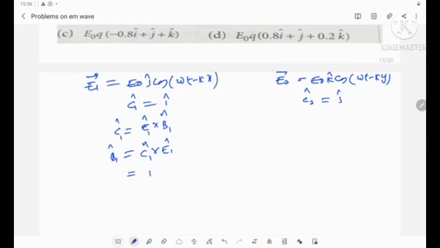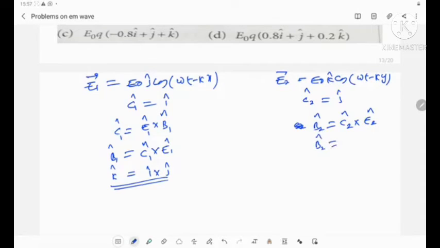C1 cap is I cap, cross E1 cap is j cap, I cap cross j cap is k cap. Like that, B2 cap is equal to C2 cap cross E2 cap.